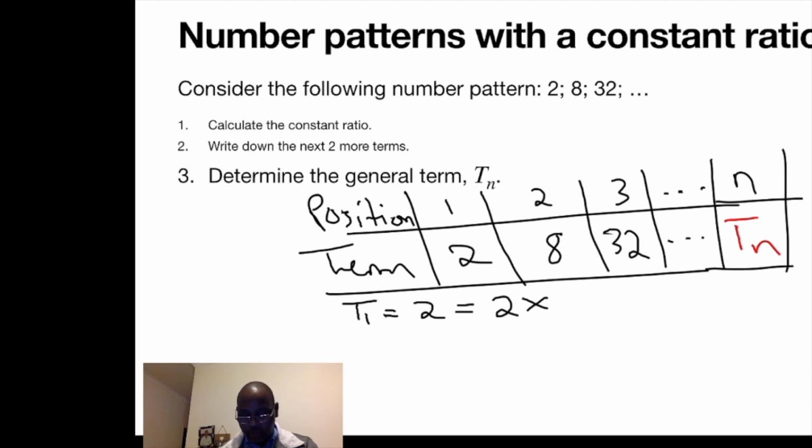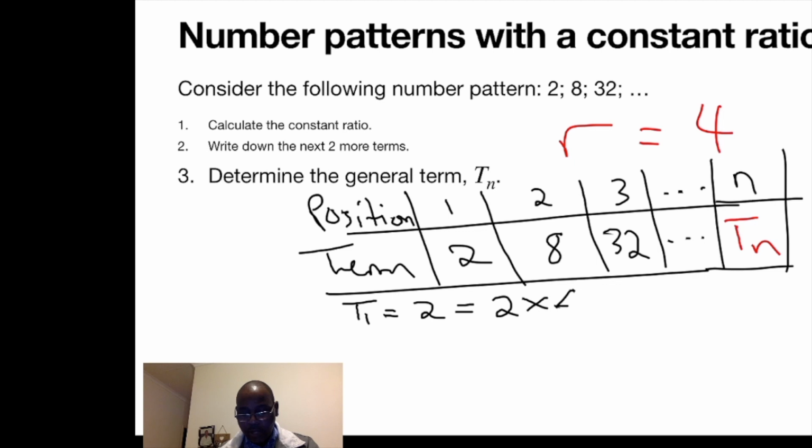The constant ratio, remember, in this case, is equal to 4. And I need 2 to be my answer. So 2 should be multiplied by something in terms of the constant ratio. It can't be 2 multiplied by 4 because 2 multiplied by 4 will give me 8. I need to get an answer of 2. That only means I can multiply 2 by 1.